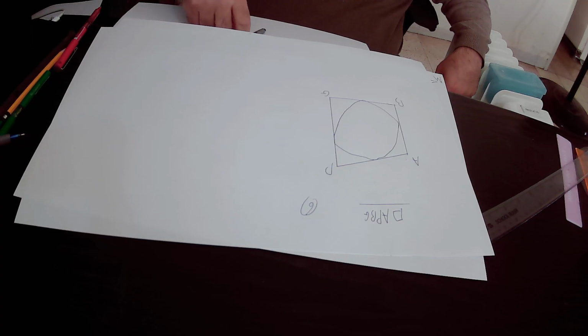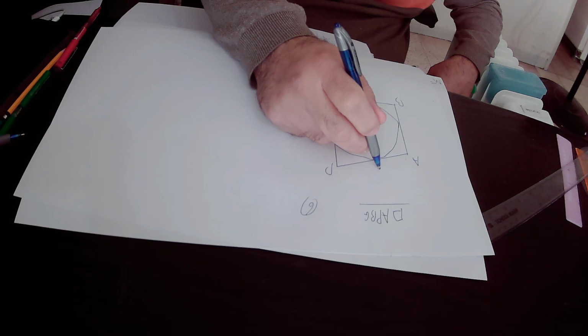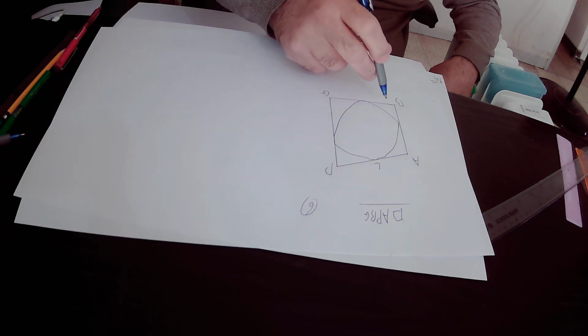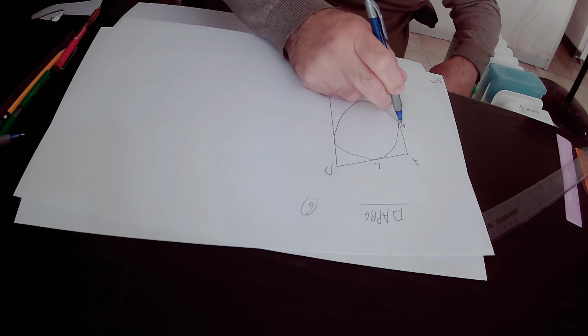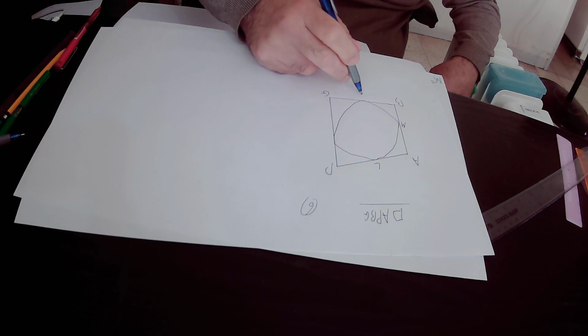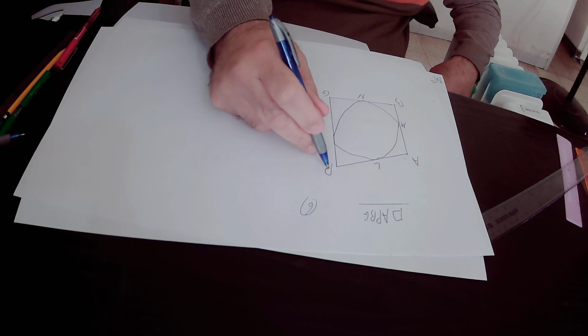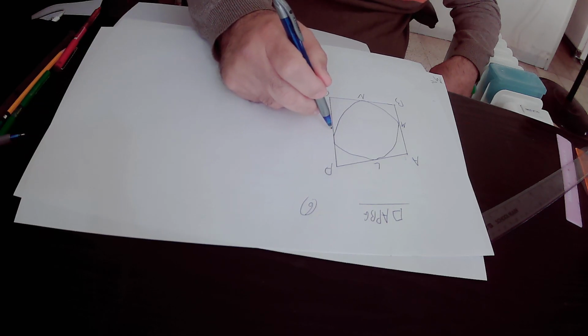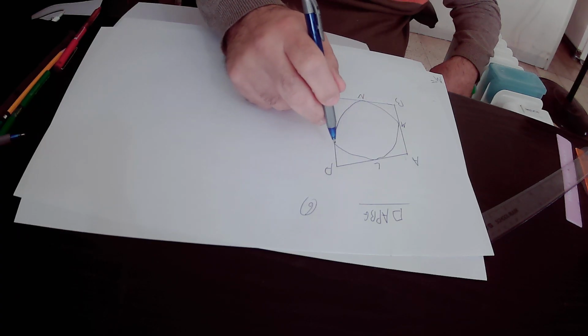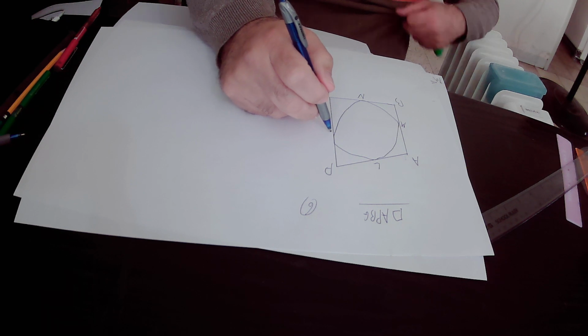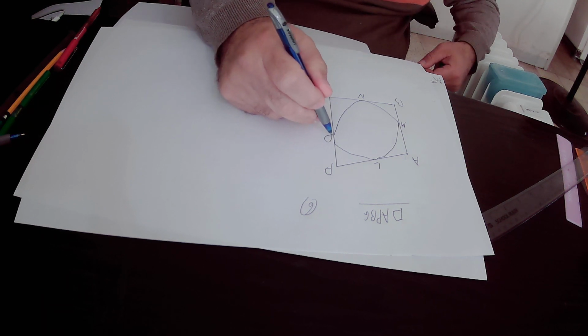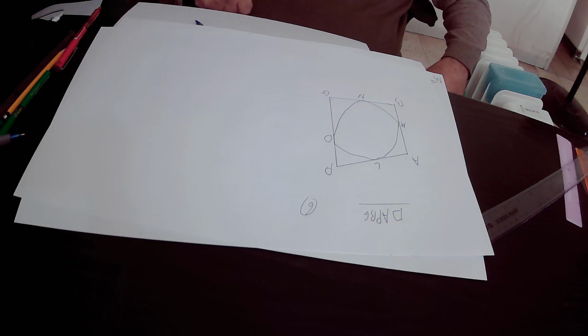We define the first point of tangency here as L. We define the second point of tangency as M. We define the third point of tangency as N. And we define the fourth point of tangency between the circle and the quadrilateral APBG as O.